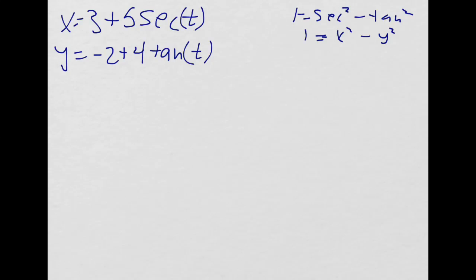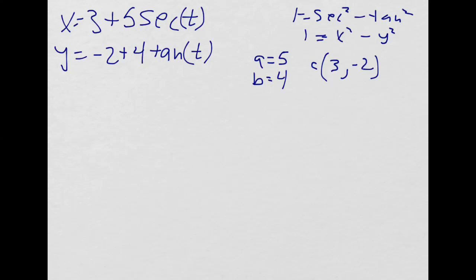So my a value is with the x, and it's the coefficient, so a is 5, b with y, coefficient there is 4. I know that the center of this hyperbola is the point 3 comma negative 2, because of the constant terms from x and y.